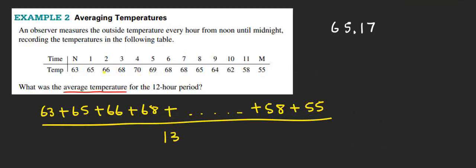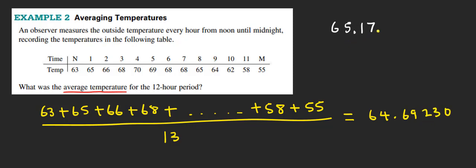Now be careful. A lot of times students make the mistake of finding the average temperature by adding all the temperatures, so 63 plus 65 plus 66 and all the way up to 55, and dividing by 13, which gives you 64.69230.